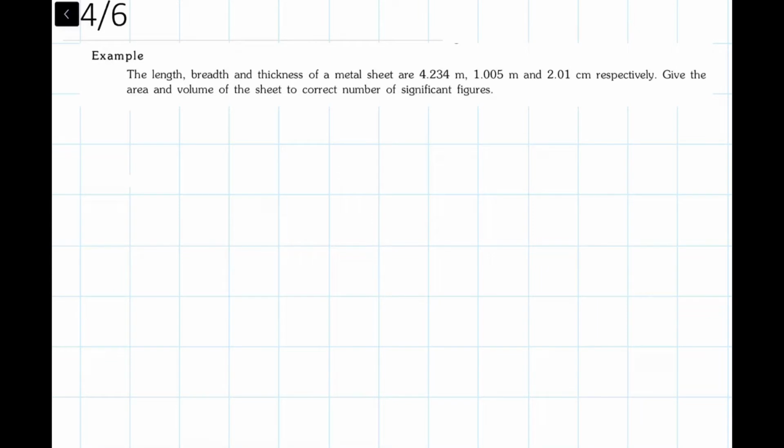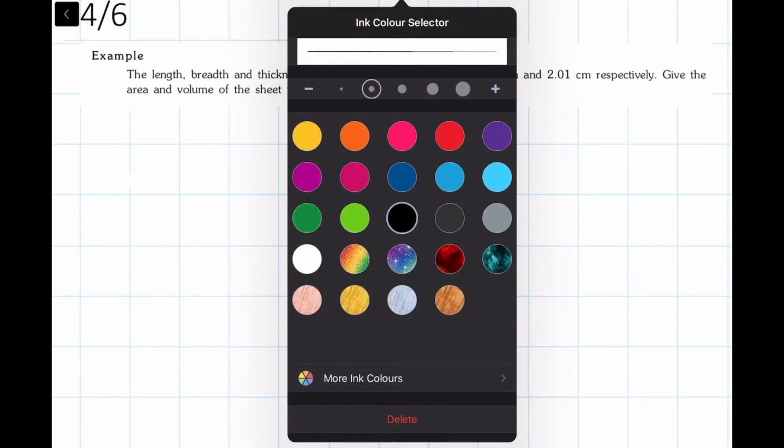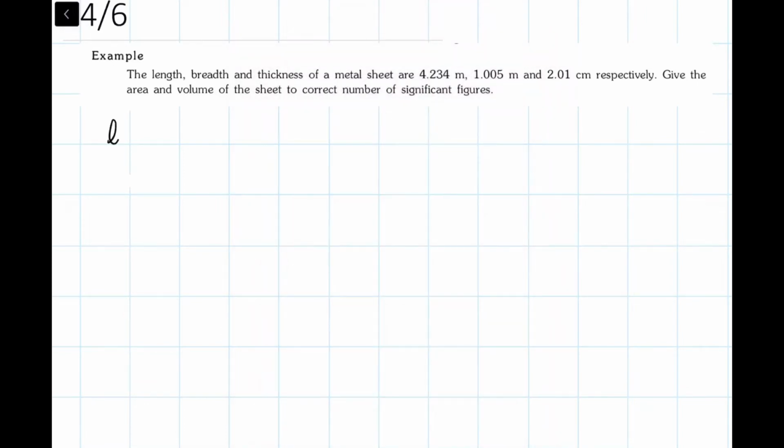For that, what all things they have given, let's write it down. They have given length first of all, correct? Length is equal to 4.234 meter. They have given breadth, which is 1.005 meter.